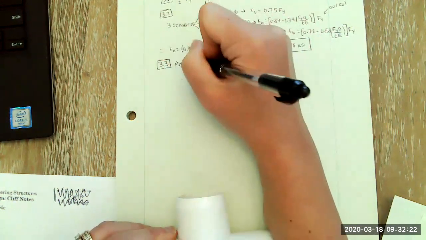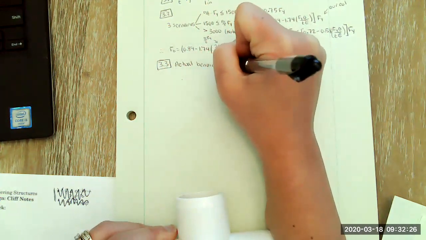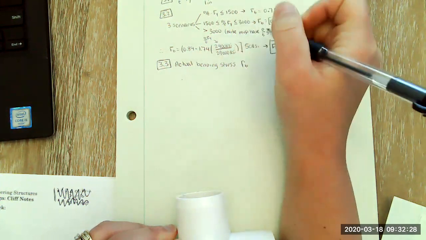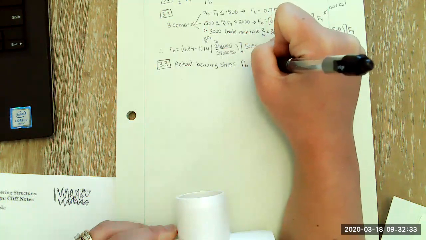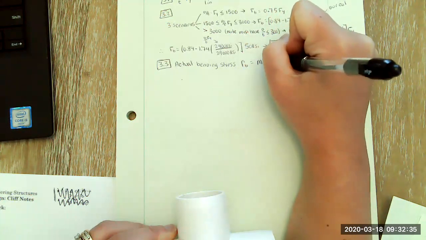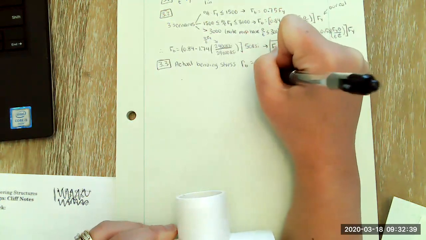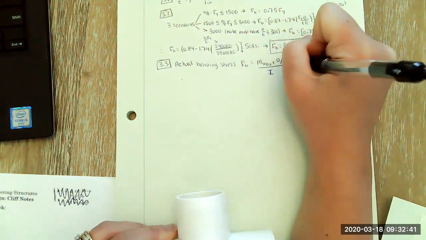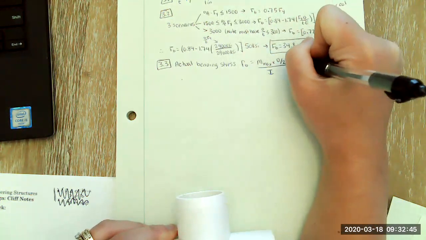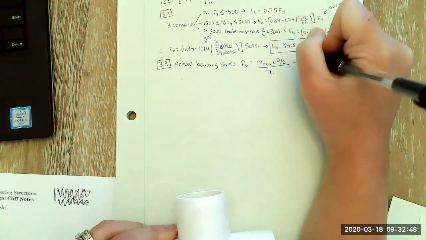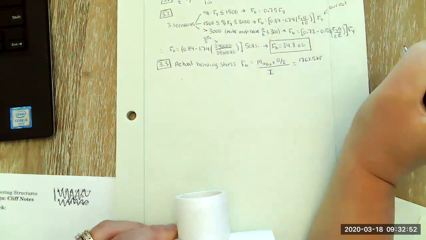At any rate, our actual bending stress, which is lowercase f sub b, is equal to our max moment times our outer diameter divided by 2, all divided by the moment of inertia. So plugging in numbers, I can look back to our first step. Our maximum moment from summing the moments was 1,762.5 kip feet.